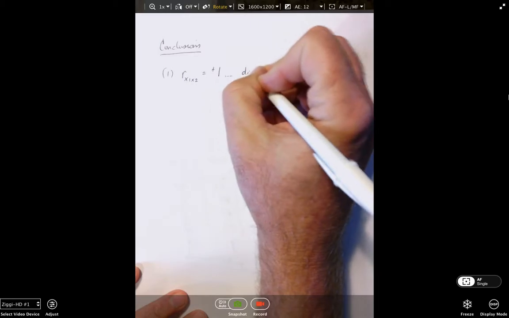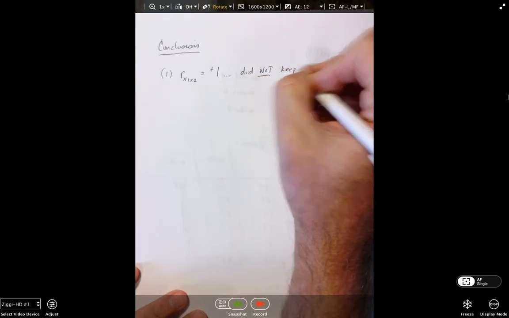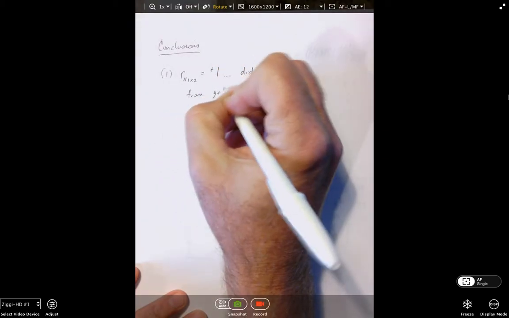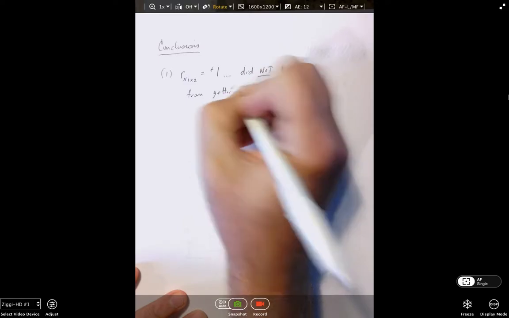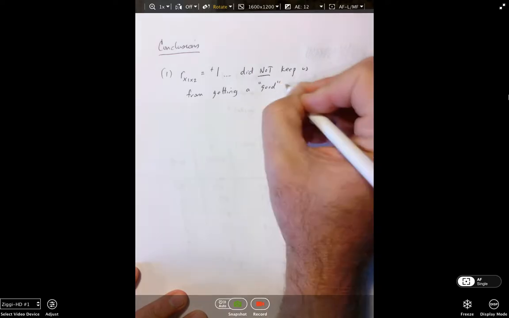This did not keep us from getting a quote-unquote good model.